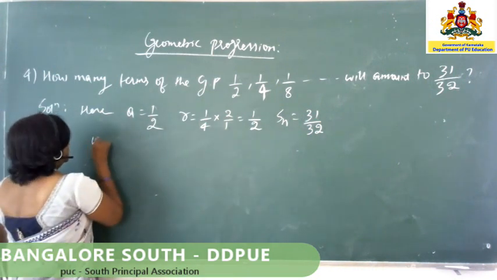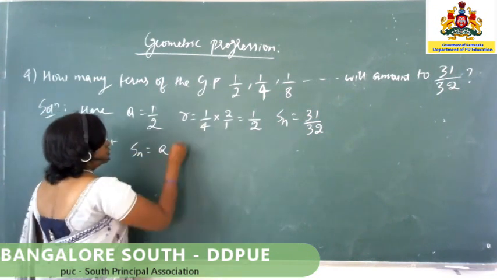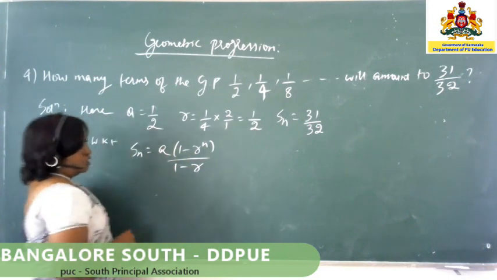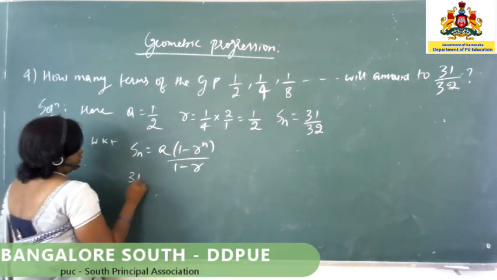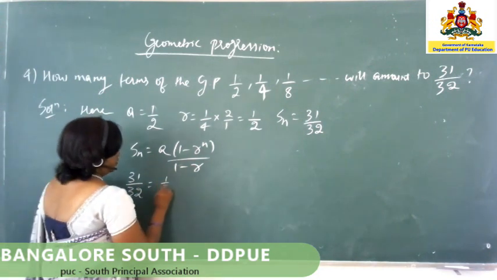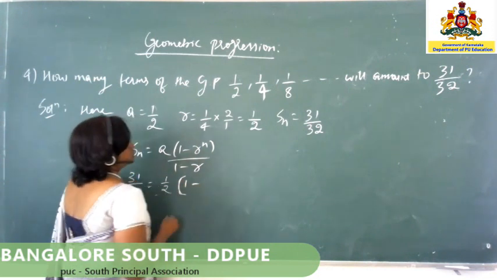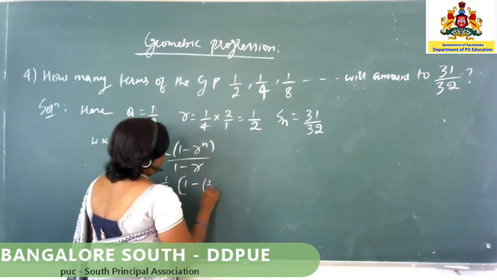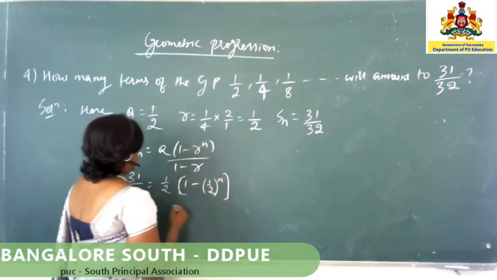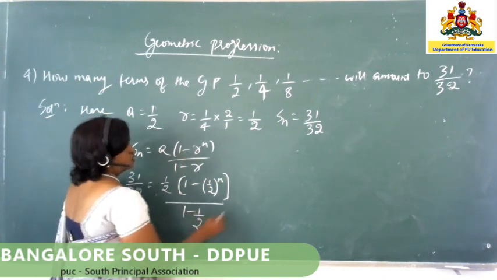So we know that Sn is equal to A into 1 minus R to the power of n by 1 minus R. So 31 by 32 is equal to A, which is 1 by 2, into 1 minus R, which is 1 by 2, to the power of n divided by 1 minus 1 by 2.